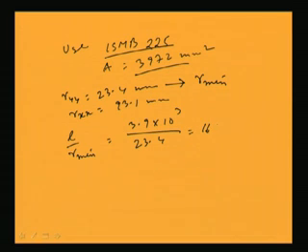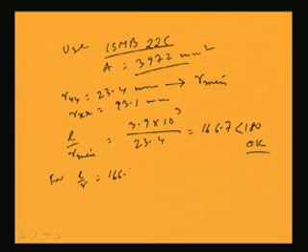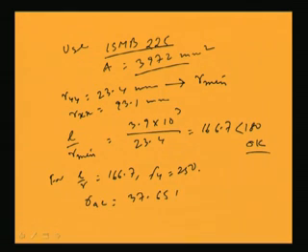This is coming 166.7 which is less than 180. So I can make it okay from slenderness point of view. Next, for L by R equal to 166.7 and Fy equal to 250, I can find out sigma AC value as 37.65 MPa from table 5.1.